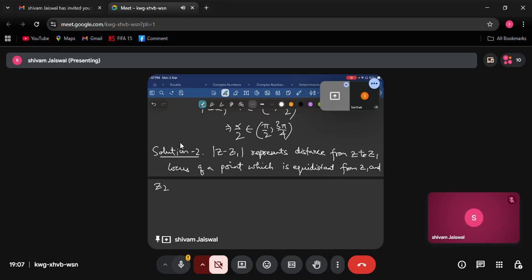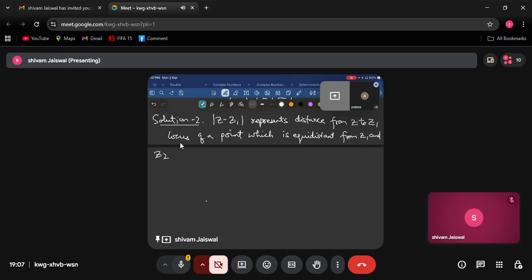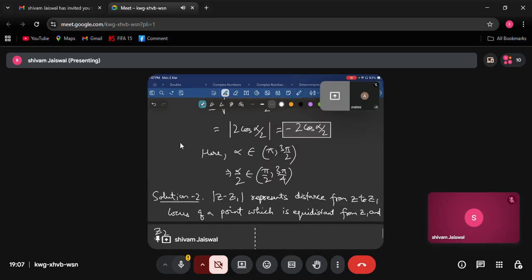Tell me, what is the locus of a point which is equidistant from both z1 and z2? From two fixed points. Perpendicular bisector of z1, z2. Exactly. So this will be the locus. Perpendicular bisector of both z1 and z2. Right. Tell me, Devang, Raktim, are you getting it? Yes, sir. Okay.